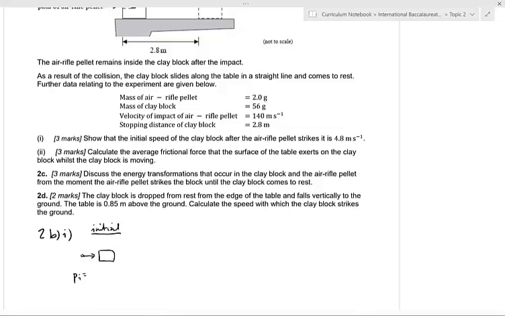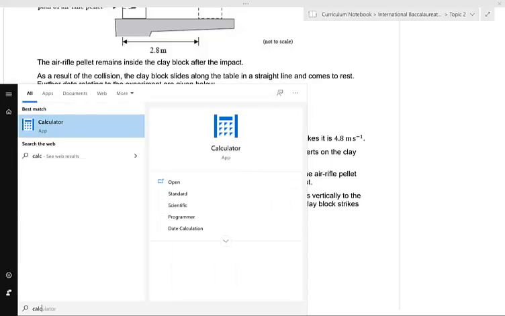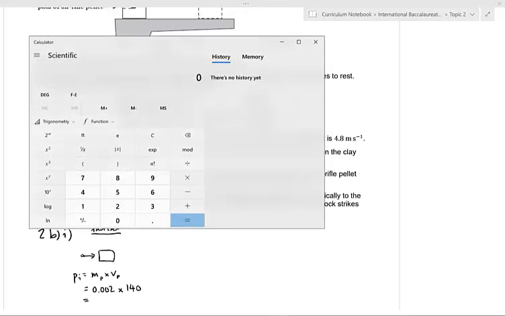So that's just going to be m pellet times v pellet, and the pellet was 2 grams, so that's 0.002 kilograms times the speed of the pellet, which is 140, which gives us a total initial momentum of, let's get our calculator up here, 0.002 times 140, which gives us 0.28 kilogram meters per second.